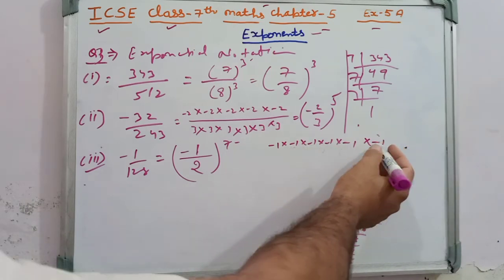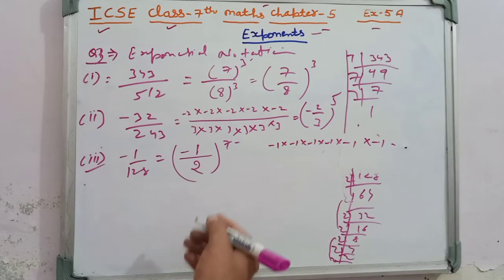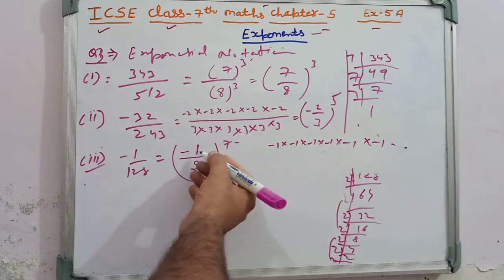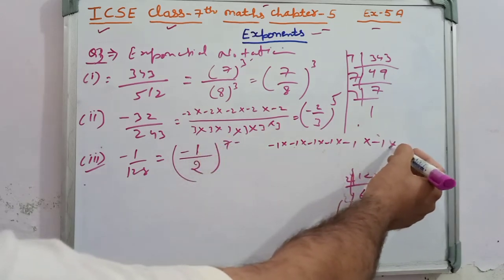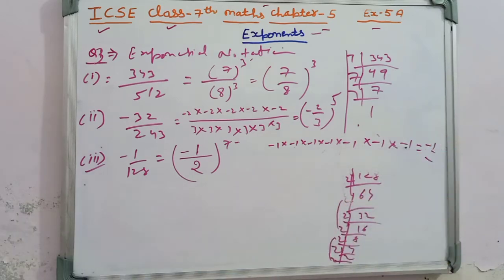Minus minus plus, minus minus plus. It would have become plus 1, and that would have made our question wrong. Now this is an odd number, so it will be minus. Keep this thing in mind while doing sums.